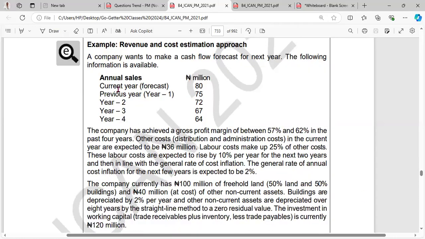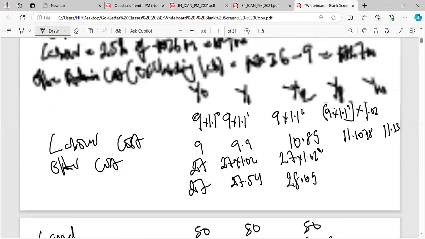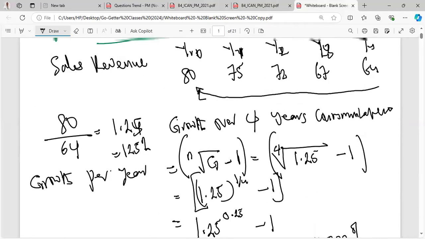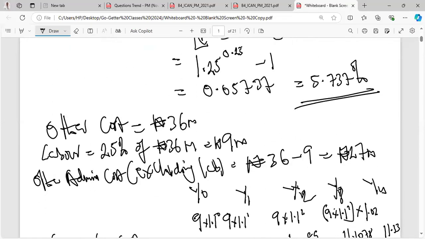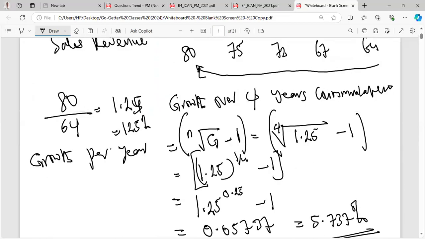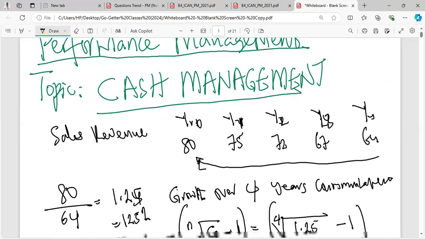This is the current sales. We said the gross profit margin is between 57 and 62, and we made an assumption that it means averagely cost of sales. We didn't do cost of sales here, but we'll explain it another time.